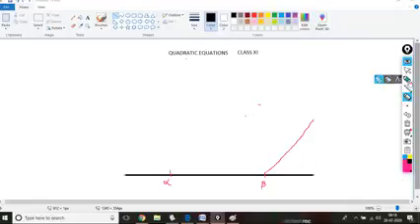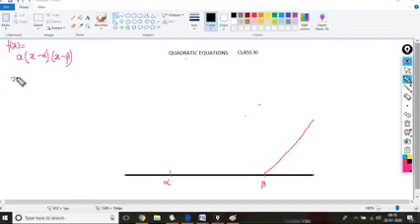So our expression is a into x minus alpha into x minus beta. Clear? This is the quadratic expression, and I am calling it f of x.